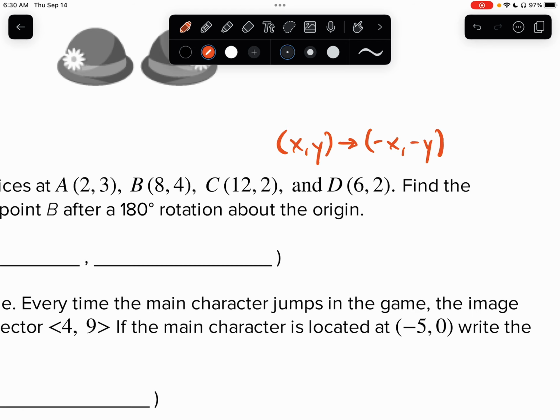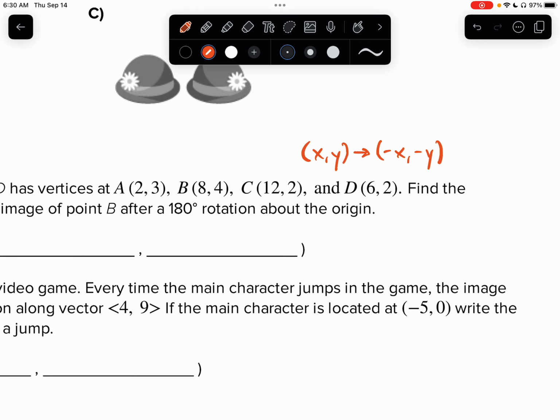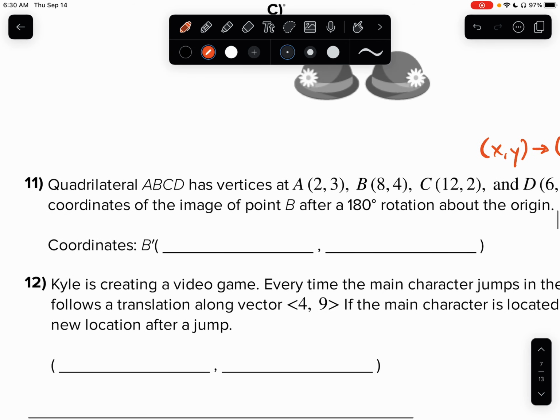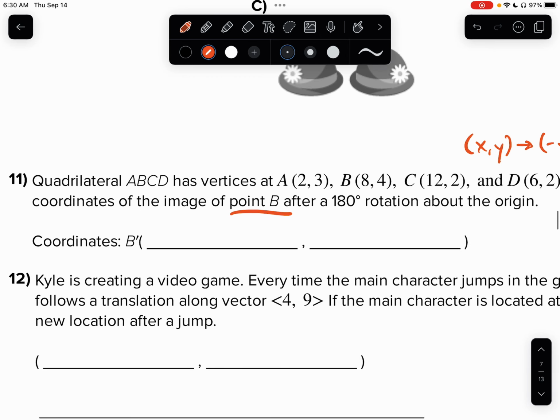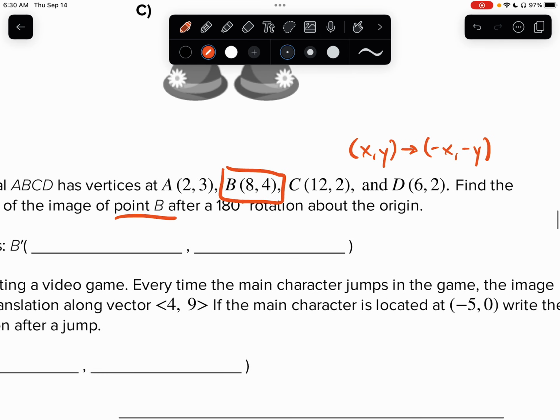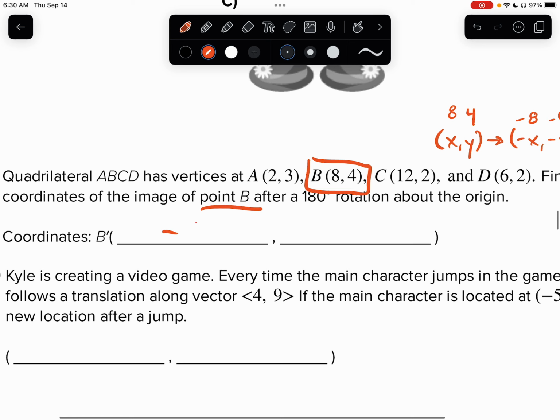That's the one where they both change sign. We only need the image of point B, not the whole thing. So point B is at (8, 4), and after this transformation it's going to become (-8, -4). So that's our answer.